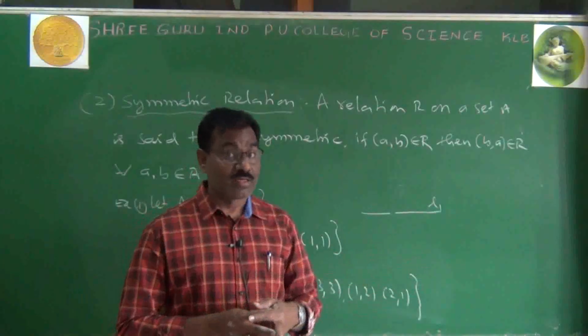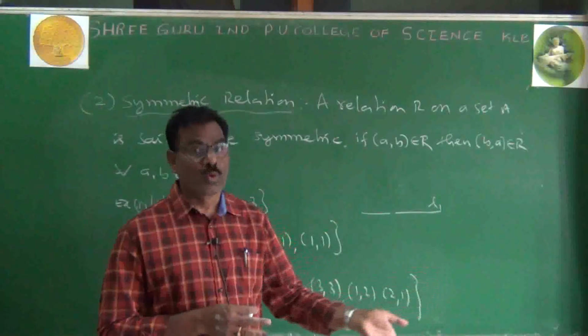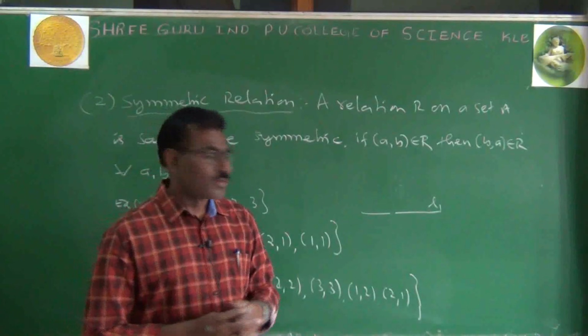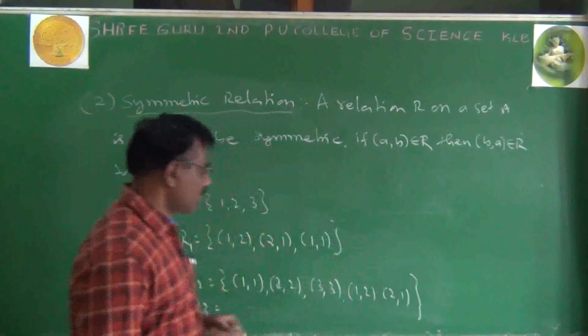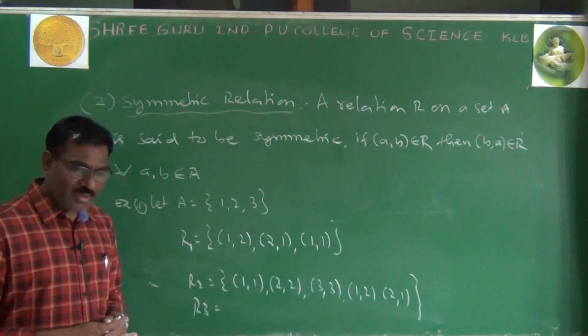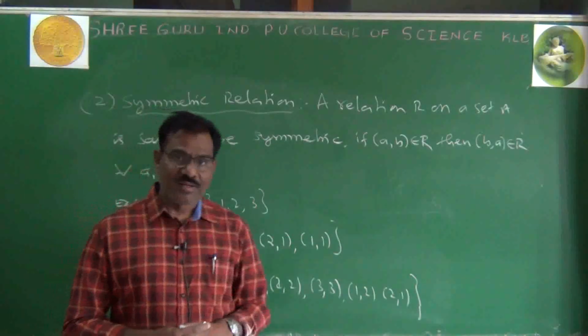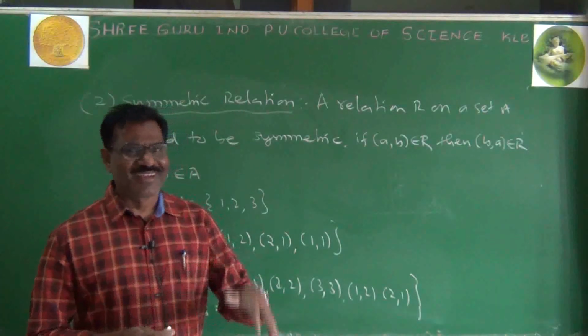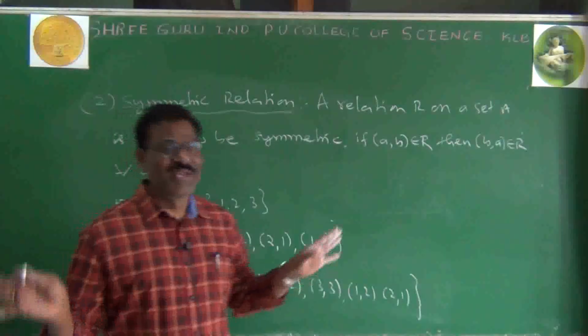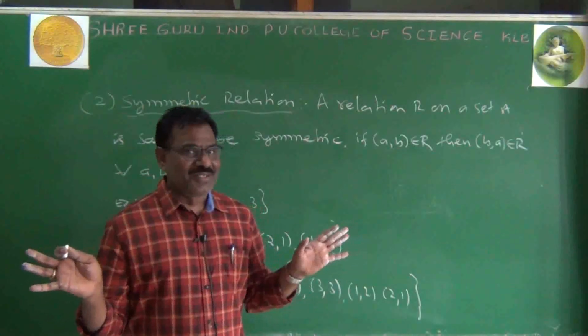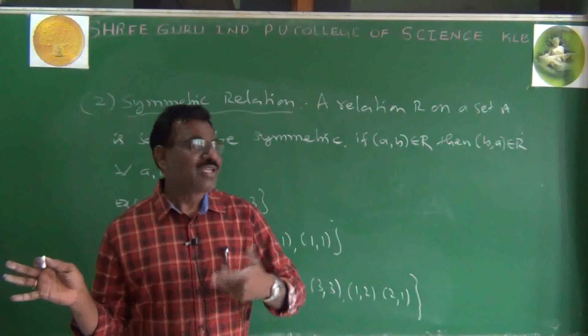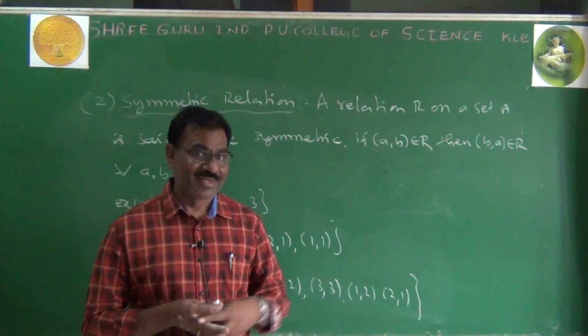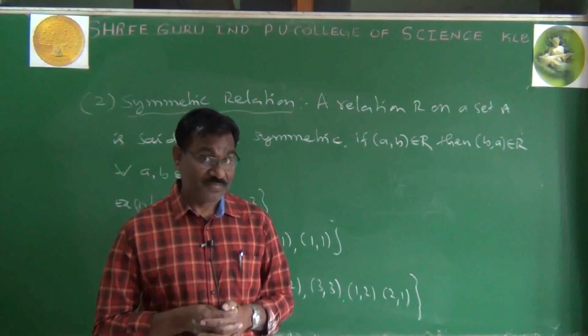Line itself is parallel: L1 is parallel to L1. So this is an important definition of symmetry. The good standard example is that the relation is perpendicular to on straight lines in a plane.